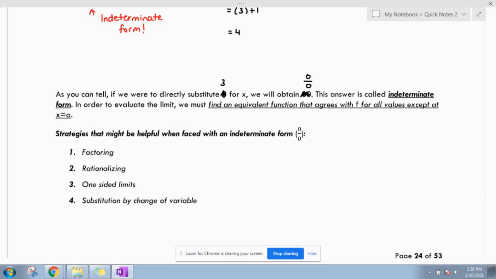We could work with rationalization, which is what we learned in this unit. We can talk about one-sided limits, which more pertains to piecewise functions, looking at the left side limit and the right side limit. Or number 4, substitution by a change of variable. So let's take a look at all these different techniques that we can use to help us algebraically solve limits now.